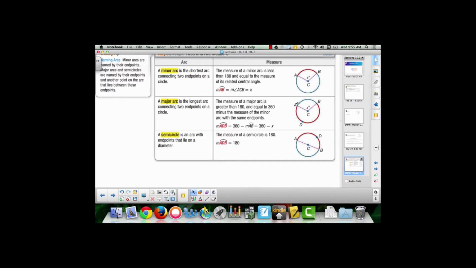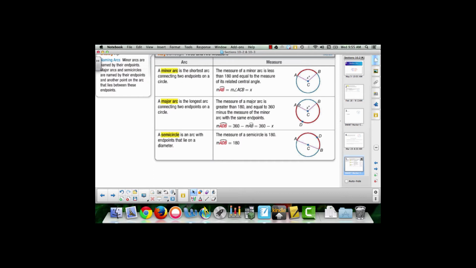Notice they have the same endpoints, so the only way I can tell the difference is to name one with 2 letters and one with 3 letters. Now your book will sometimes use 3 letters to name a minor arc, but I will always use only 2 letters, and I ask that you do the same.